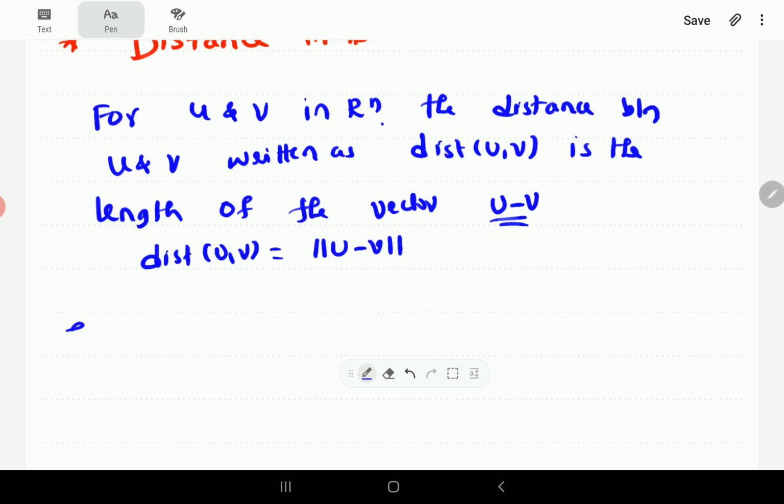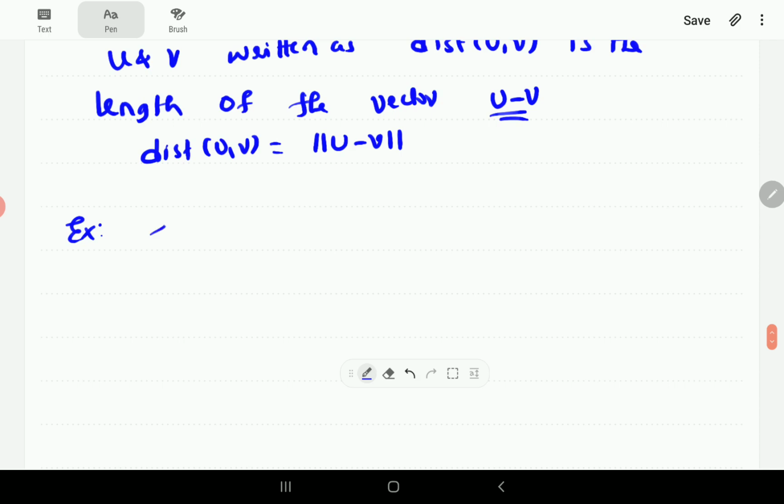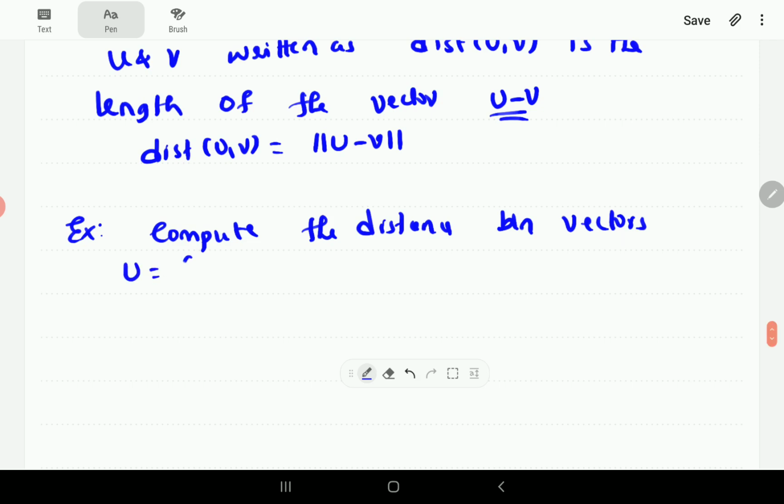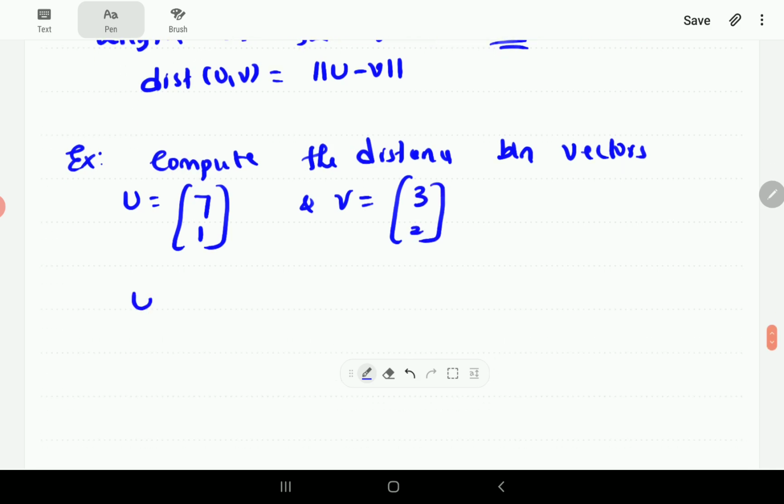So let us see one example. Compute the distance between the vectors u equal to 7, 1 and v equal to 3, 2. Here, first let us find u minus v to find the length. u minus v is 7 minus 3, 1 minus 2, which is equal to 4, -1.